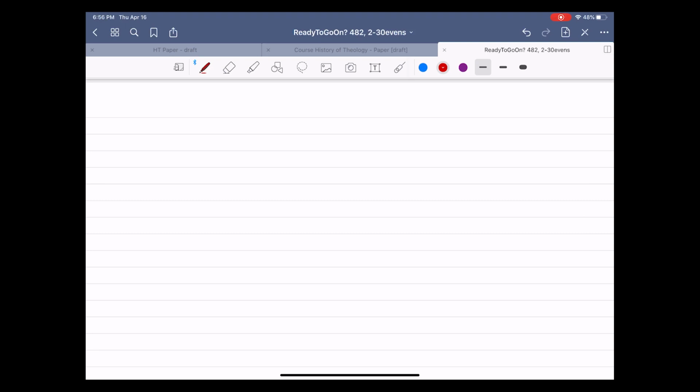Number 26. You have negative 2.3q plus 16 equals negative 5q minus 38. And again, I'm going to look and see which way can I move my q's so that I keep a positive variable.